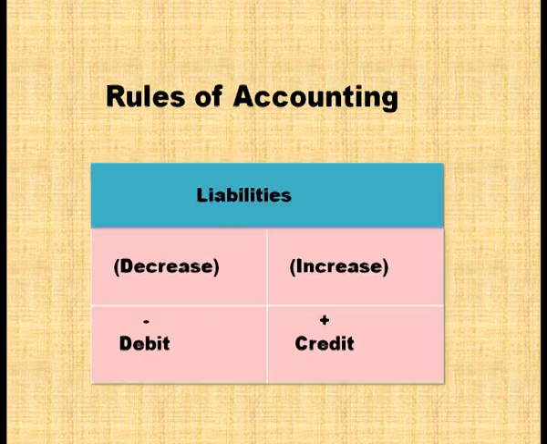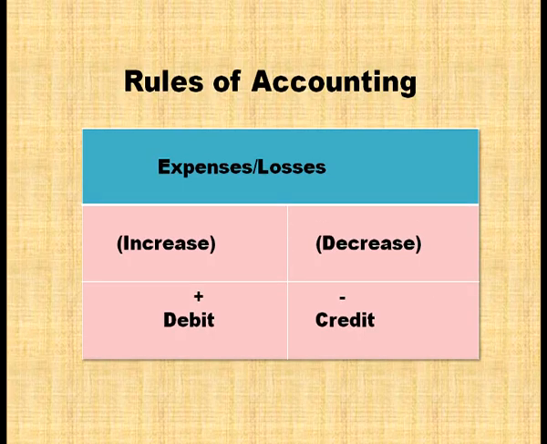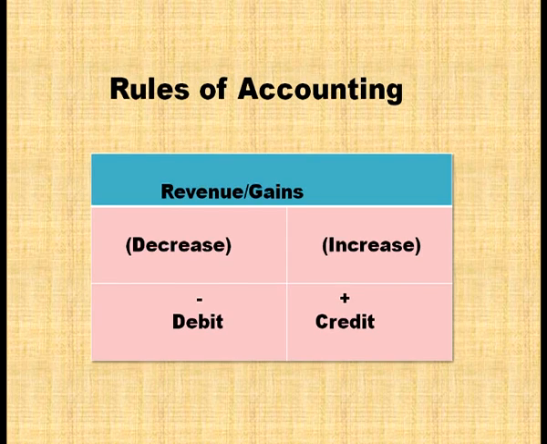When there is a decrease, it is debited. Expenses, when there is an increase, it is debited. Expense, when there is a decrease, it is credited. Income or revenue, when there is an increase, it is credited. When it is a decrease, it is debited. Now, you are thorough with the rules of accounting.